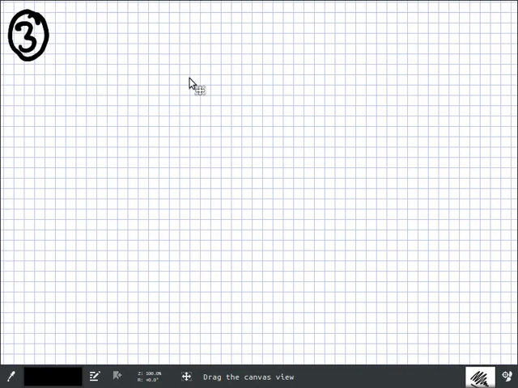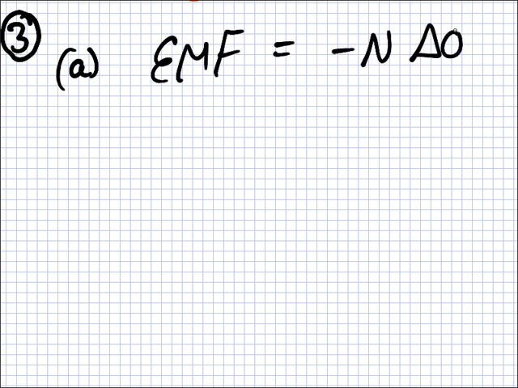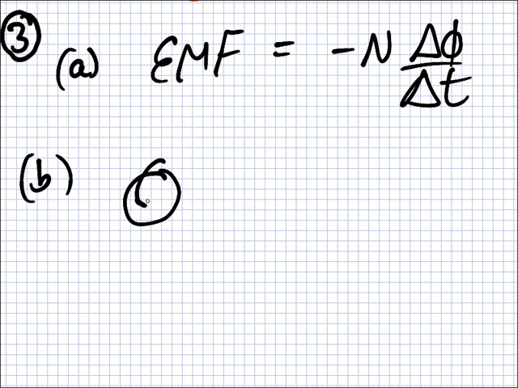Right, what's number 3? Question 3a. State Faraday's law of electromagnetic induction. Okay, so Faraday said the EMF is equal to minus N delta phi over delta t, basically. B. A circular coil has 300 turns of thin copper wire with an average diameter of 6 centimeters.